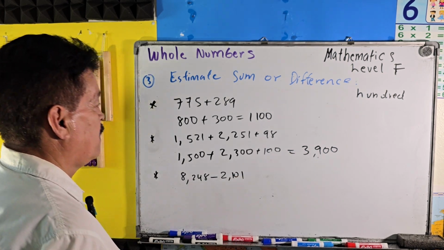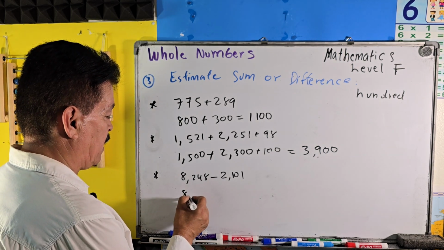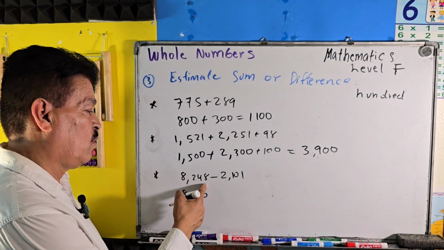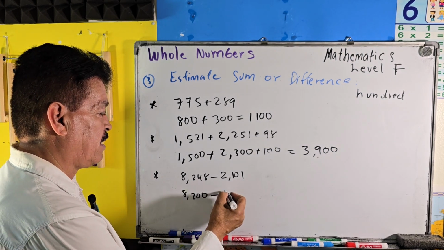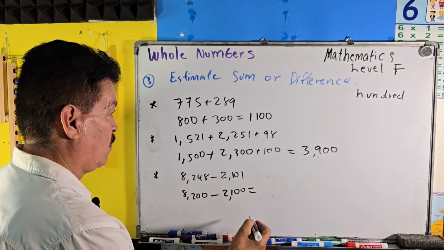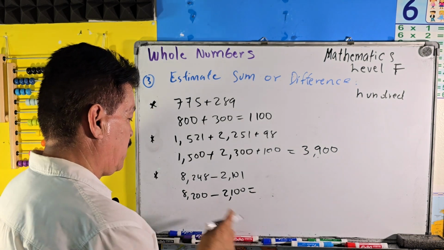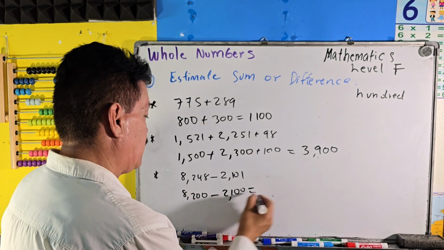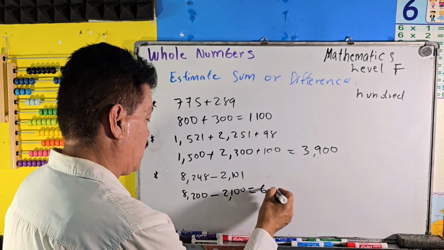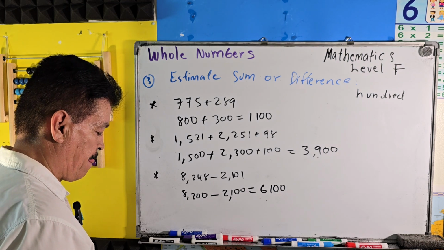The estimate is, we have to write here 8,200, right? 48 is less than 50, so 8,200, minus here 2,100. So remember, we have to use the close 100. So it's not plus, it's minus, 6,100. All right?